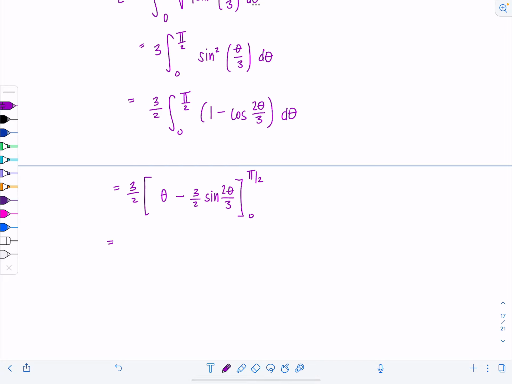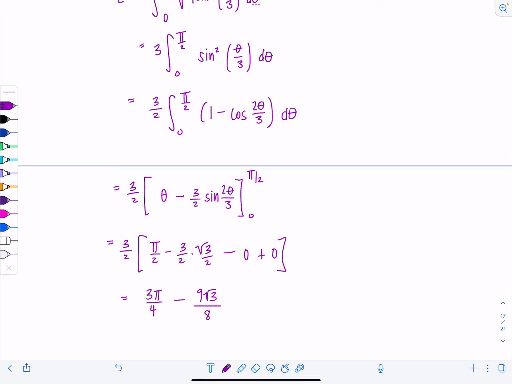Okay, 3/2 times pi over 2, minus 3/2 times sine of pi over 3, radical 3 over 2, minus 0 plus sine of 0 is 0. So what is this? 3 pi over 4 minus 9 radical 3 over 8. And I would just leave it like that.